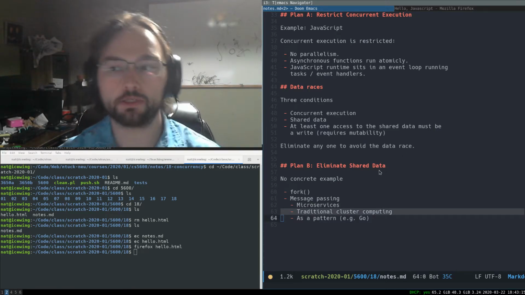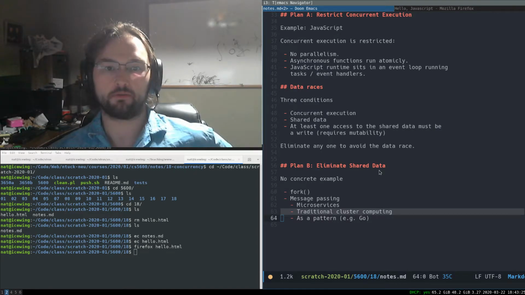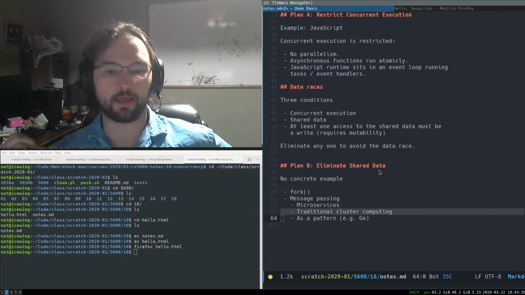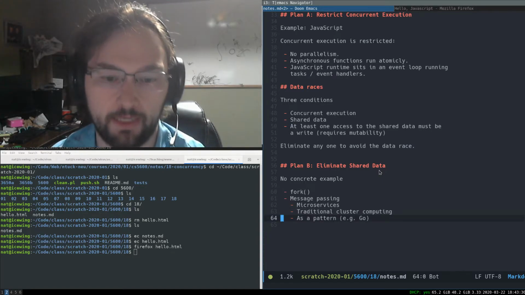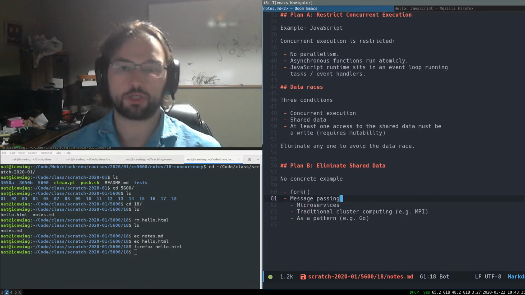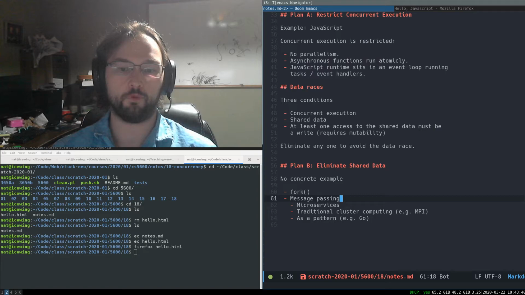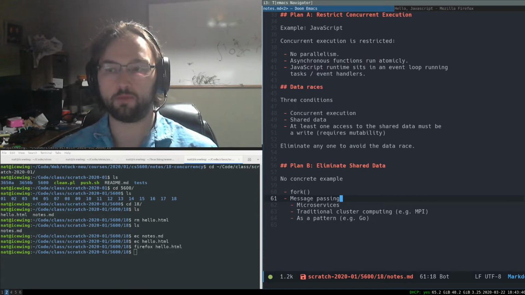Similarly, in traditional cluster computing, we're running code on multiple physical machines. Since the physical machines have separate physical memory, it doesn't really make sense to try to simulate shared memory, although some systems do that. But by default, in systems like MPI, the idea is we don't have any shared memory. Instead, we do message passing, and therefore, the way we have to deal with data races is a little bit different.